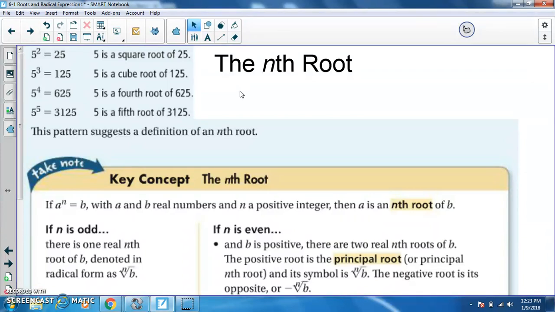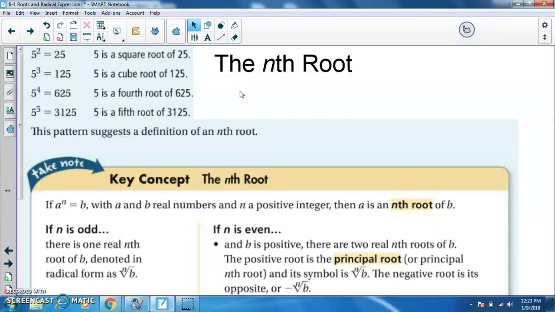And so on. This is the definition of an nth root. So if a to the nth power is equal to b, with a and b being real numbers and n a positive integer, then a is an nth root of b.